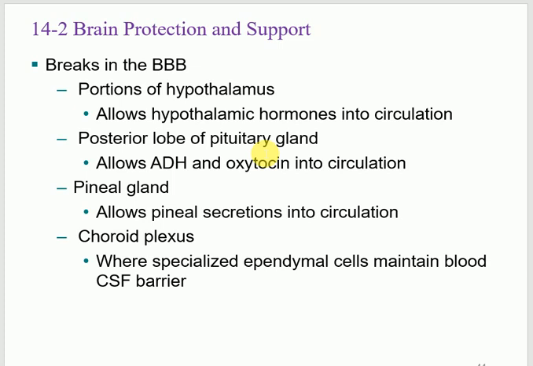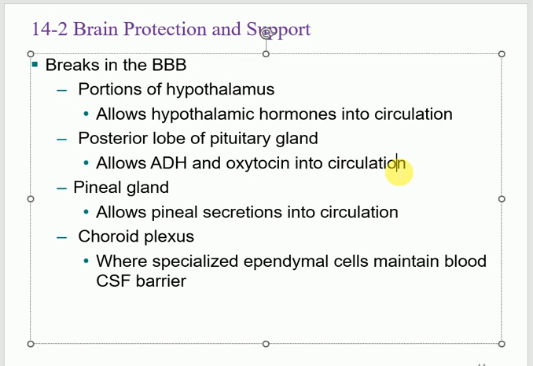No, there are certain breaks to allow communication, and you do need to know these breaks. One of them is for the hypothalamus. The hypothalamus should communicate. So how does it release its contents? You have to have a break for the hypothalamus.